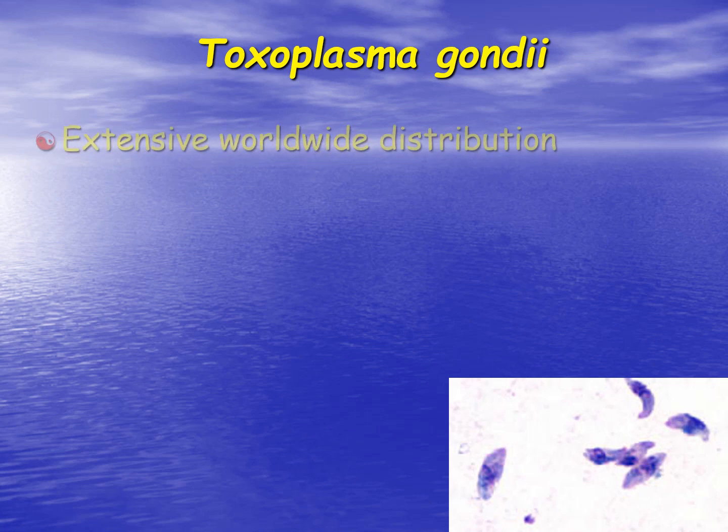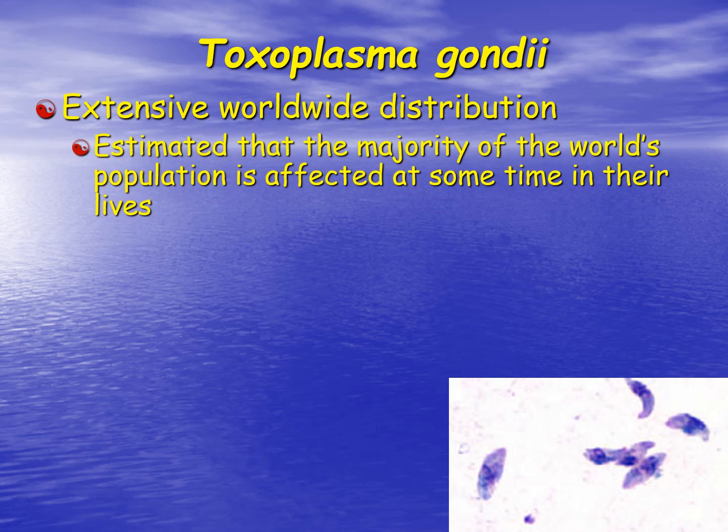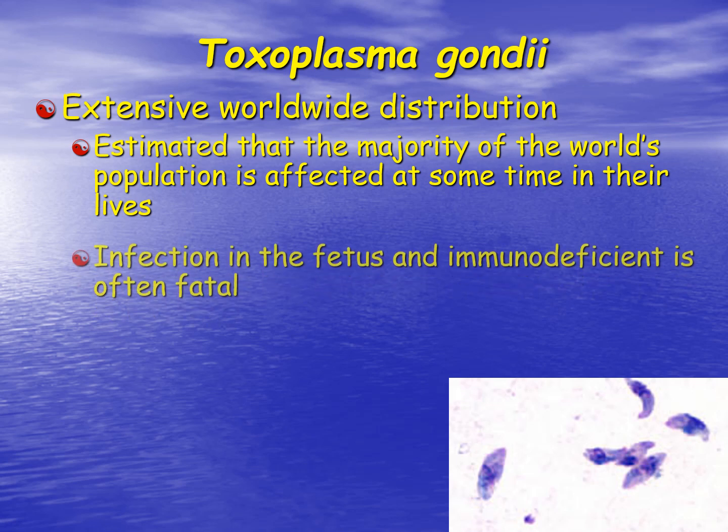Toxoplasma gondii is a protozoan found worldwide. It's estimated that the majority of the world's population is affected at some time or the other in their lives by Toxoplasma gondii. The vast majority of people that actually get this protozoan parasite, however, will clear it from the digestive tract or other body areas through the immune system and not even know that they had it.